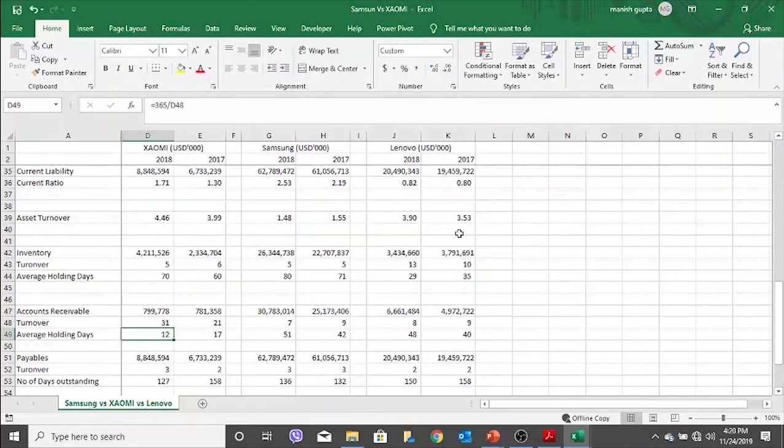Which means their average collection period is very high, right? They are selling to the wholesalers, or selling directly from their stores where the customer normally pays immediately, or they are paying mostly by installments.